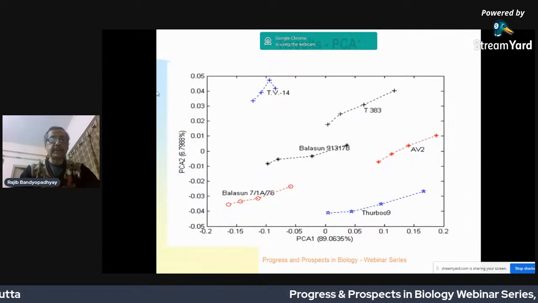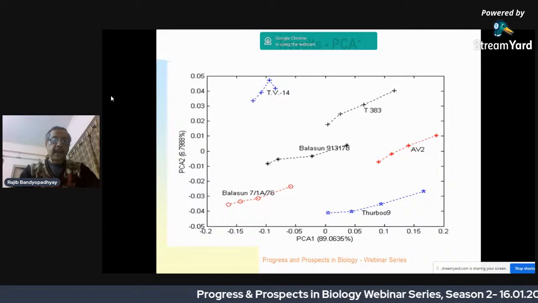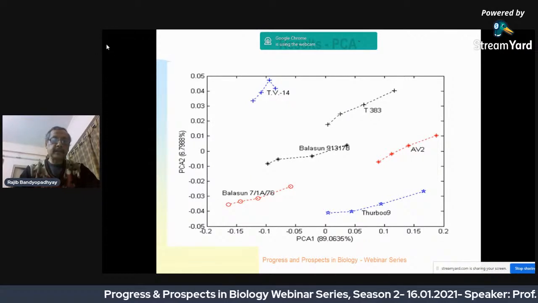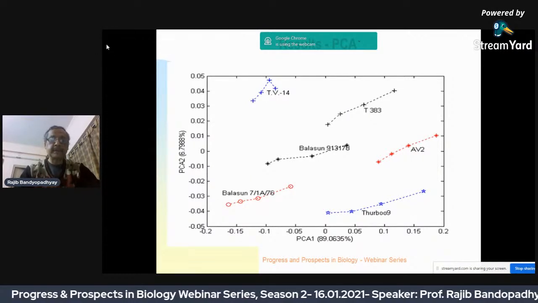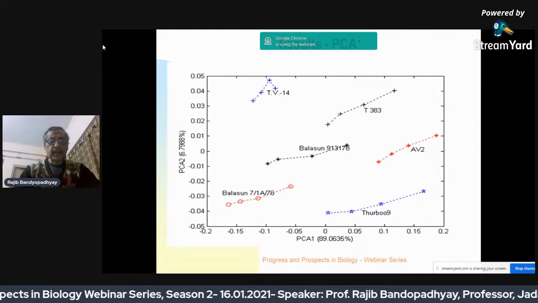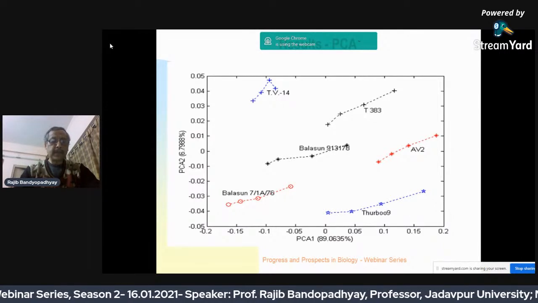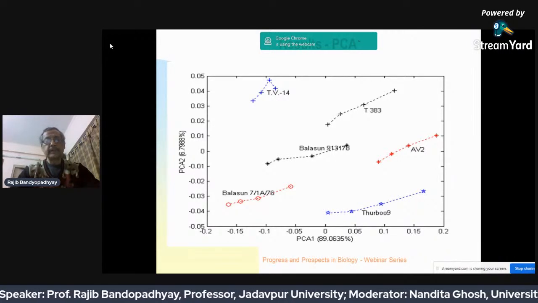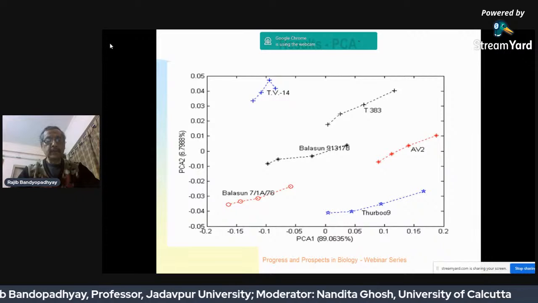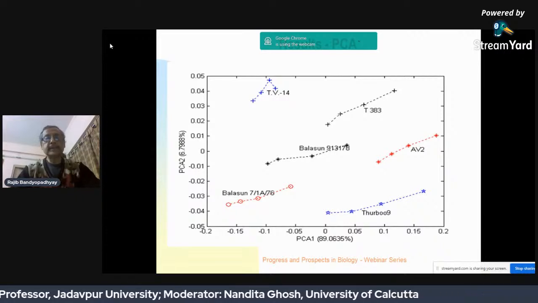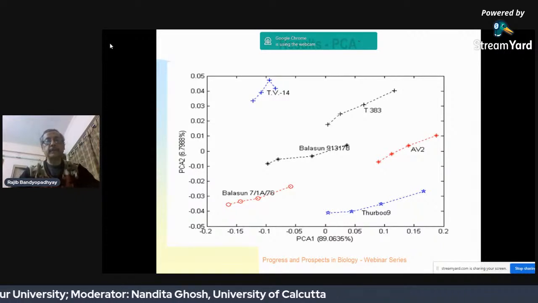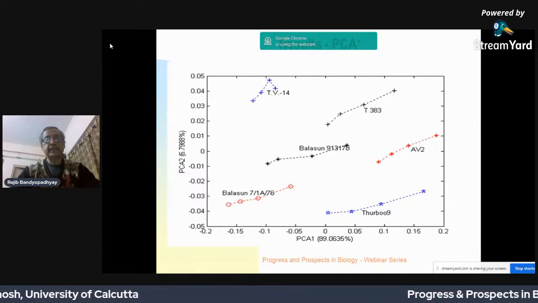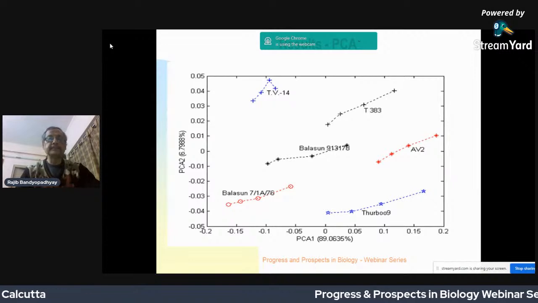And you see, this is the principal component analysis plot. I think most of you may be familiar with principal component analysis. The idea is that we have 6 sensors in that system, and it's not possible to visualize 6-dimensional data.